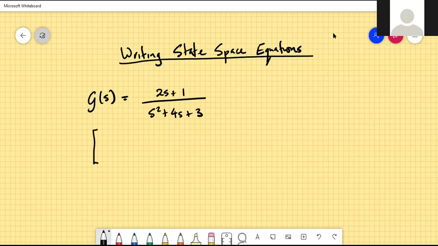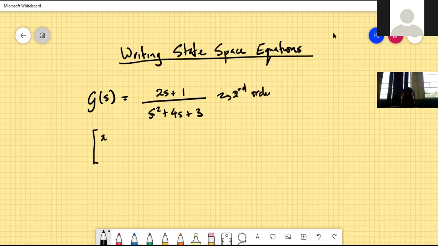It's an s squared, so that's a second order system. That means it is a 2 by 2 matrix.